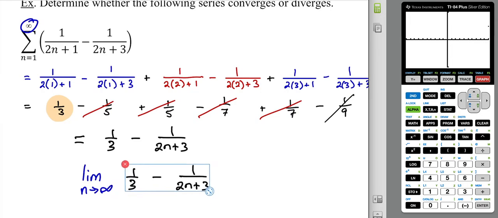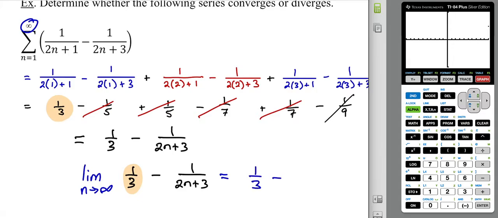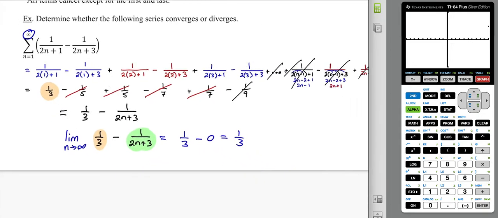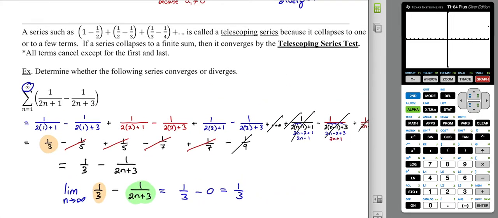The limit of the constant part is going to be constant, so that's 1/3 minus the limit. Well, if I plug in infinity for n in the bottom of the fraction, 1 over infinity is going to go to 0. So the sum of this series is actually going to be 1/3. So this converges.